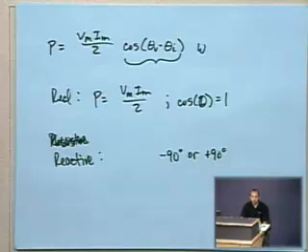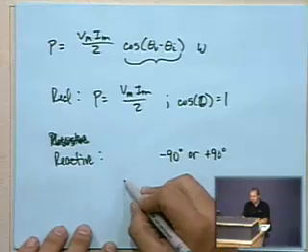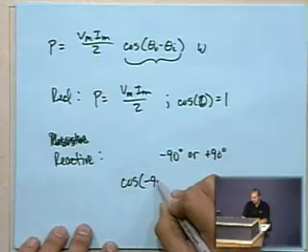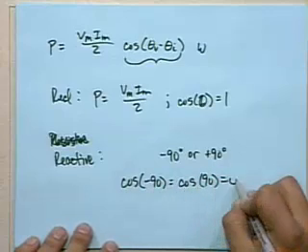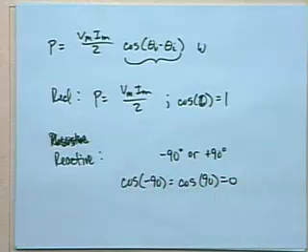And the cosine of those is 0, which means there is no average power. The average power for a reactive element is 0 watts. There's nothing there because the cosine of negative 90 equals the cosine of positive 90 equals 0.